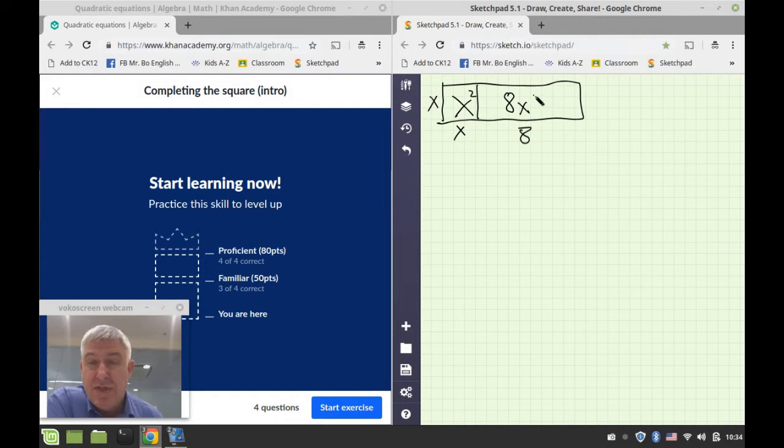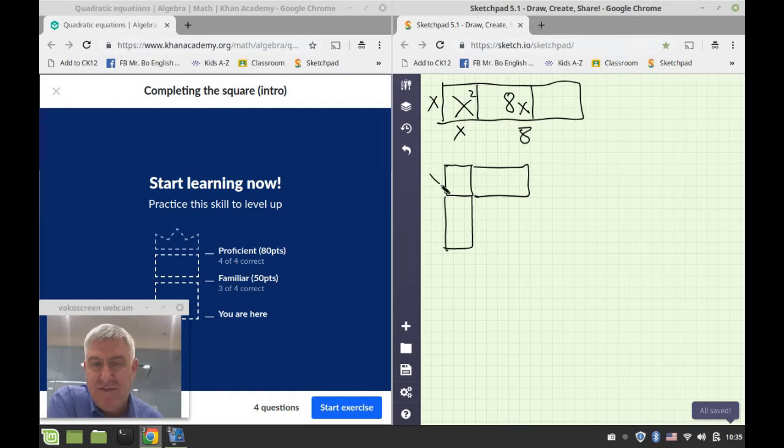What we can do is cut this 8 in half, draw out that half here, and then put the other half down on this side.